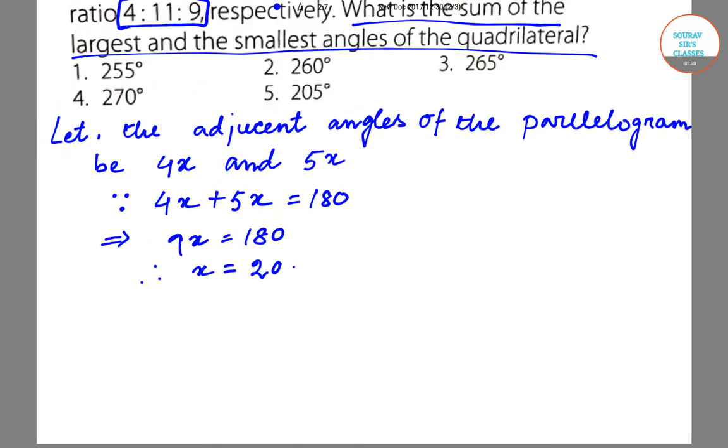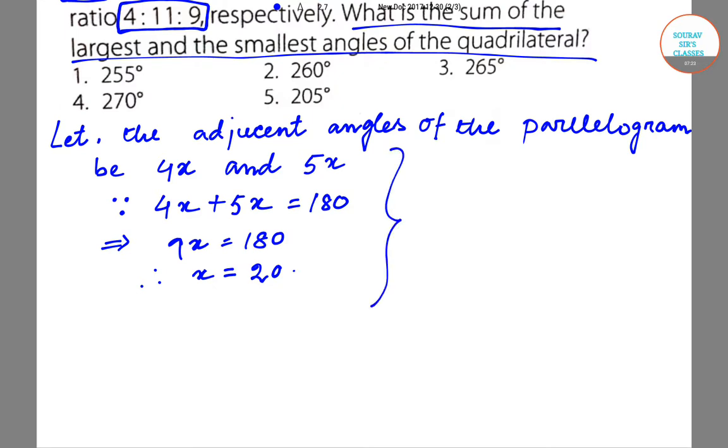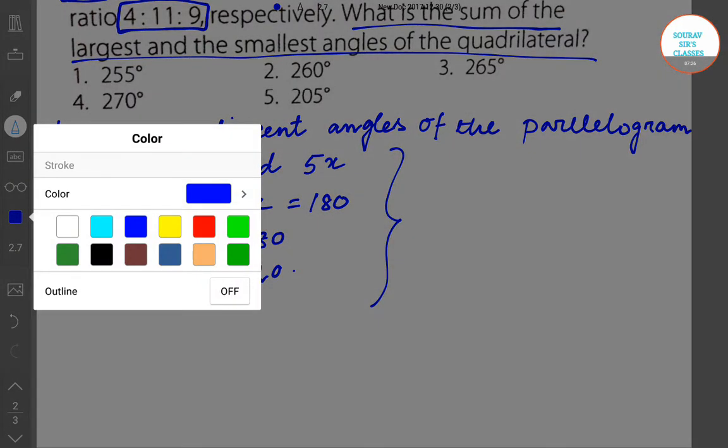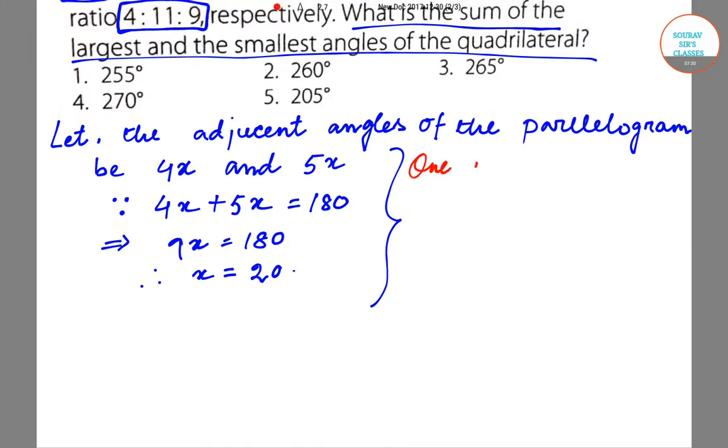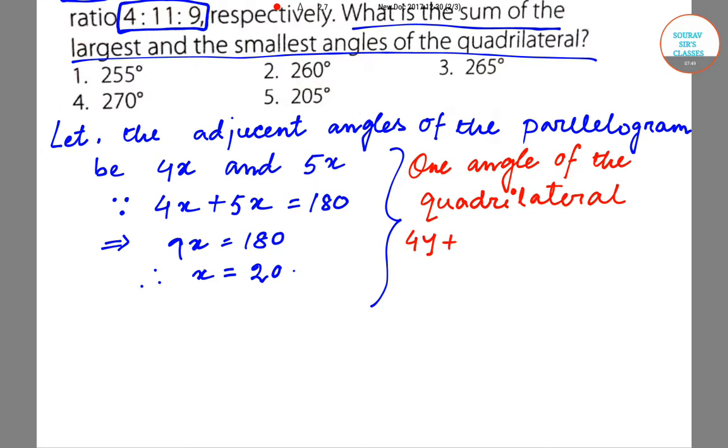So now one angle of the quadrilateral is 3 times 4x, that is 240 degree, and the remaining angles are 4y plus 11y plus 9y, because this ratio was given 4:11:9, that plus 240 degree is equals to 360 degree.